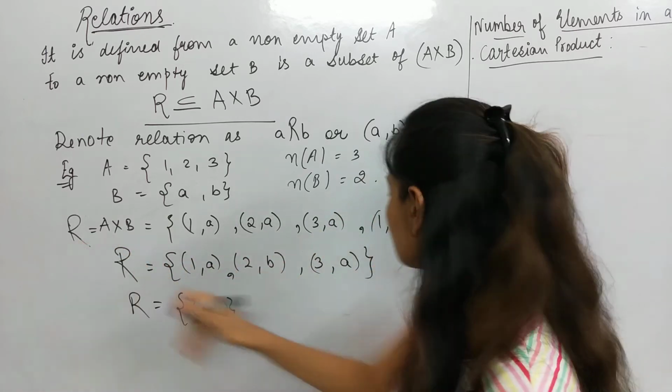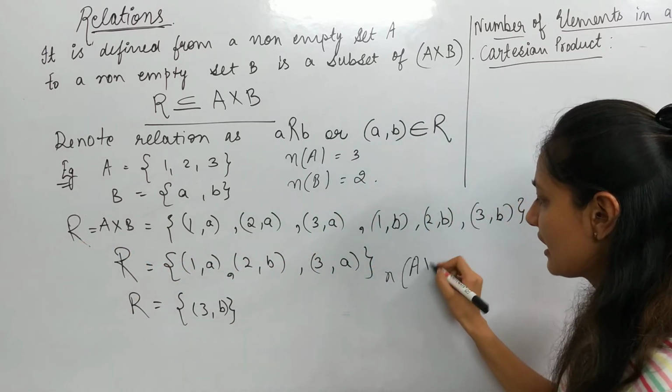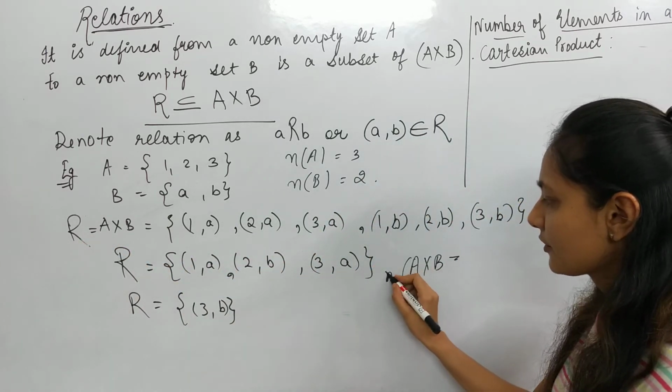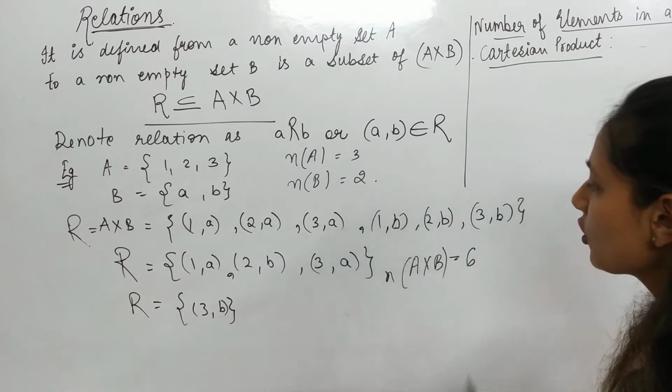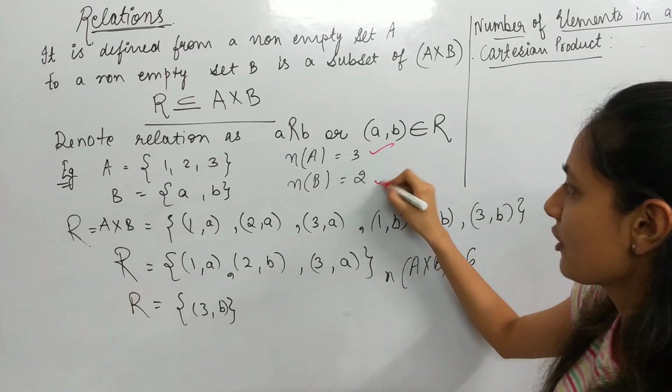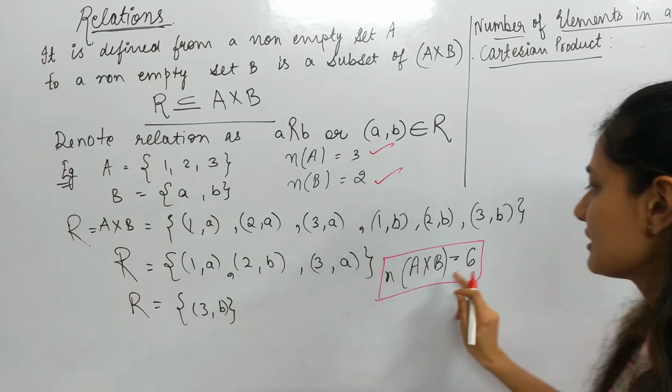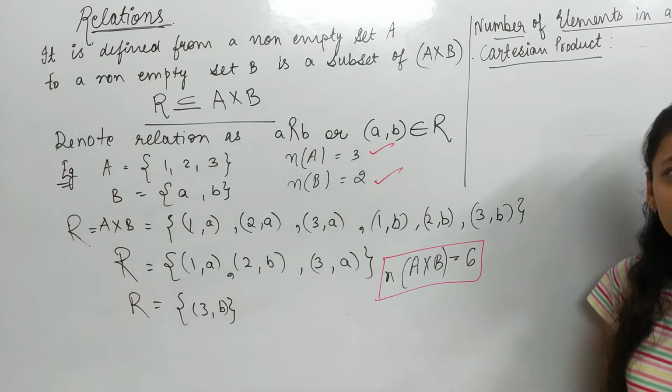And the number of elements in A cross B here is 6. So the number of elements in the Cartesian product is the multiplication of the number of elements in both the sets.